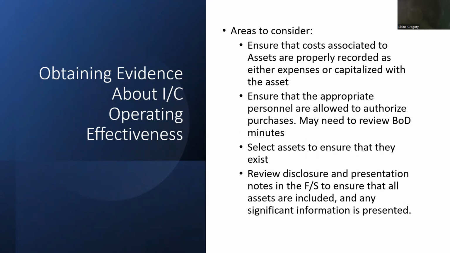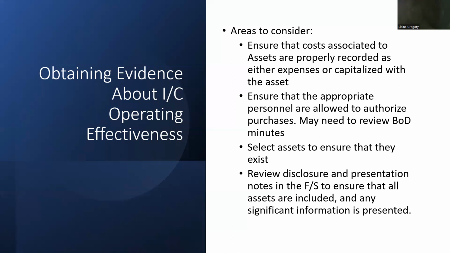We want to ensure then that the costs associated to assets are properly recorded. They're either going to be expenses or they're going to be capitalized to the asset. We want to ensure proper authorization to purchase, sell, scrap assets.